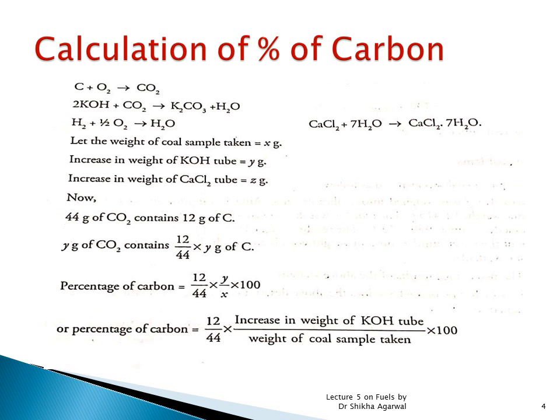When 44 gram of carbon dioxide is formed, that means the sample contains 12 gram carbon. So when y gram is formed, it will contain 12 by 44 into y. Percentage of carbon will be 12 by 44 into weight of carbon dioxide upon weight of coal sample into 100. So this is the formula. Increase in weight of the KOH tube means the weight of carbon dioxide formed.